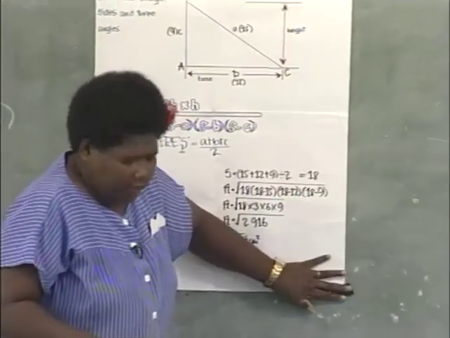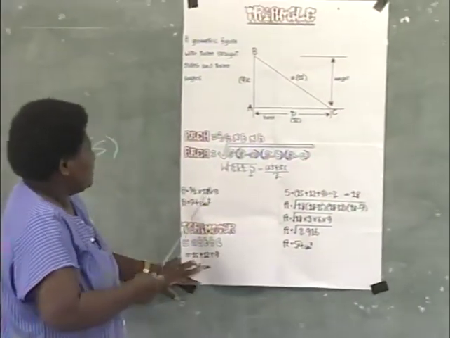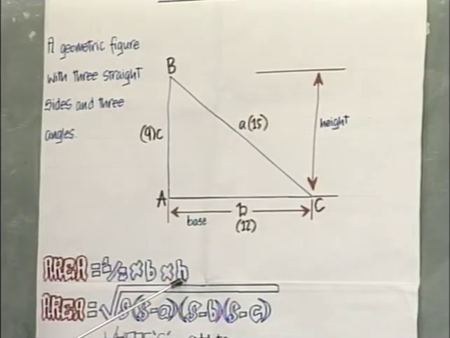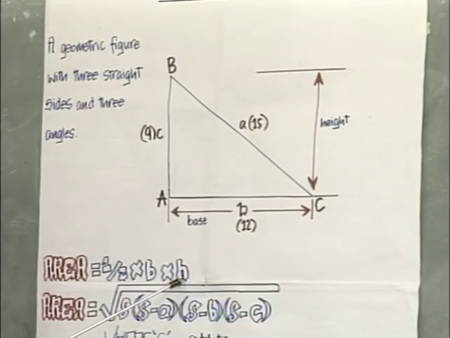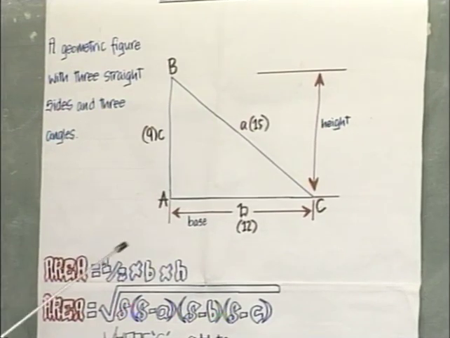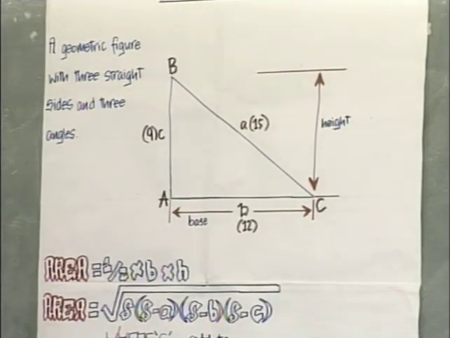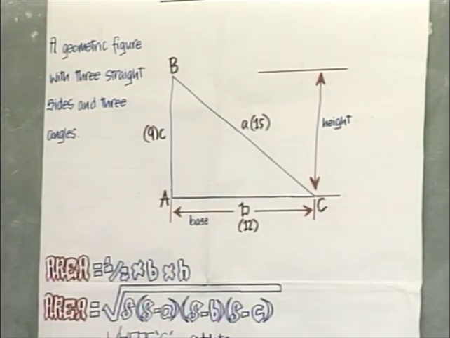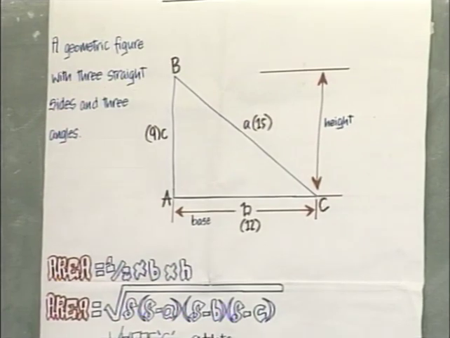Usually when you are using half base times height, that height represents the perpendicular height, not any other height. It doesn't represent a height that is slanted. It must be the perpendicular height. This formula you can use to find the area of any triangle. It doesn't have to be a right angle triangle, provided the perpendicular height is known.